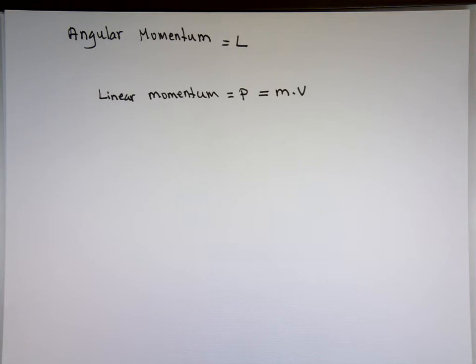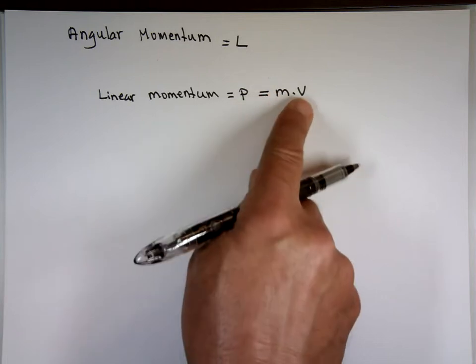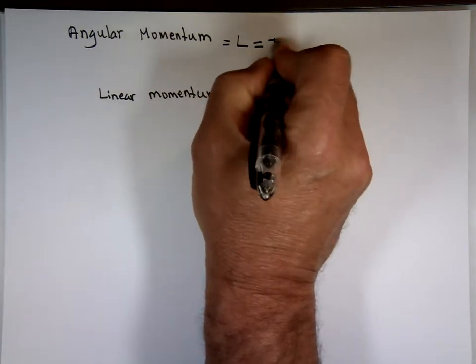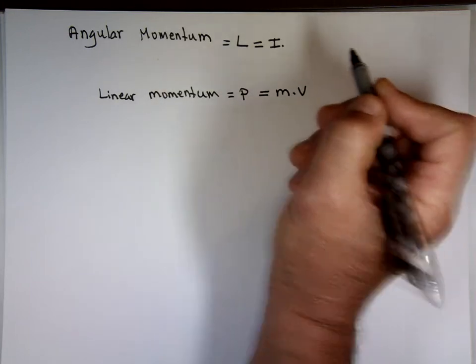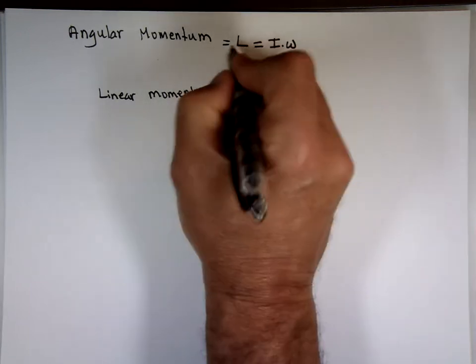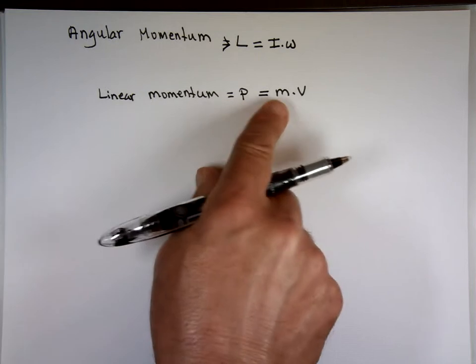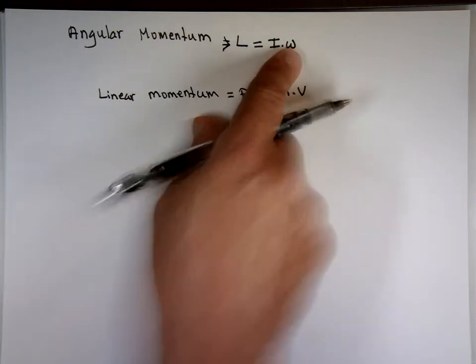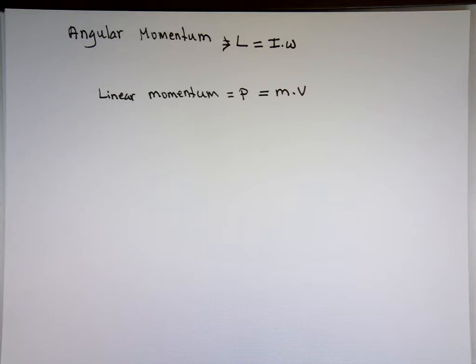And the angular momentum is equal to, notice linear momentum is mass times velocity. When things are spinning, we don't use the mass, we use inertia. Instead of velocity, we use what? W. It's the inertia times W, the angular speed.